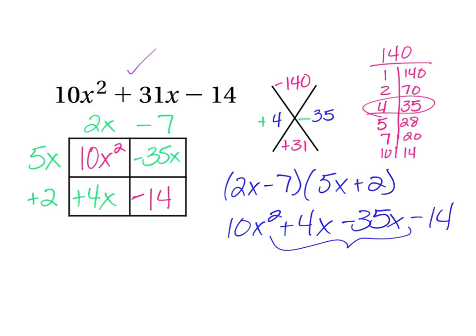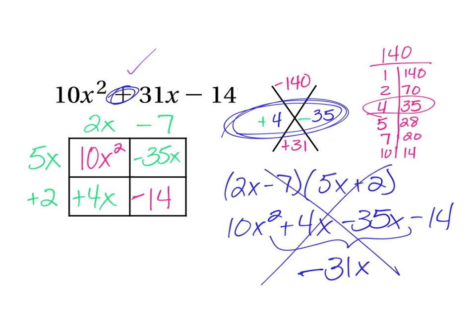So when I go to combine my two middle terms, this gives me a negative 31x. I need it to be positive. So that's when you should go back and check the signs at this step. So you've got to be cautious of that. So that means this guy did not work, nor did this.